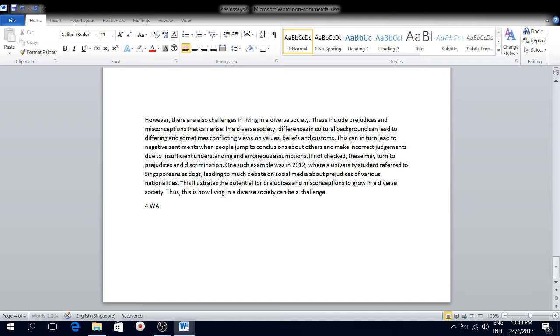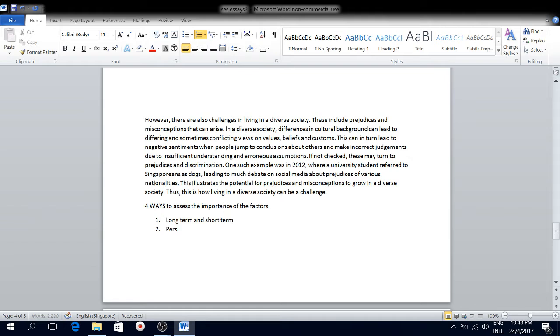Okay, 4 ways to assess the factors, the importance. Just a quick revision. So the first way, of course, is long term and short term, which means that you weigh the factors, which one has a longer term impact, which one has a shorter term impact, so that's how you can know which is more important than the other.